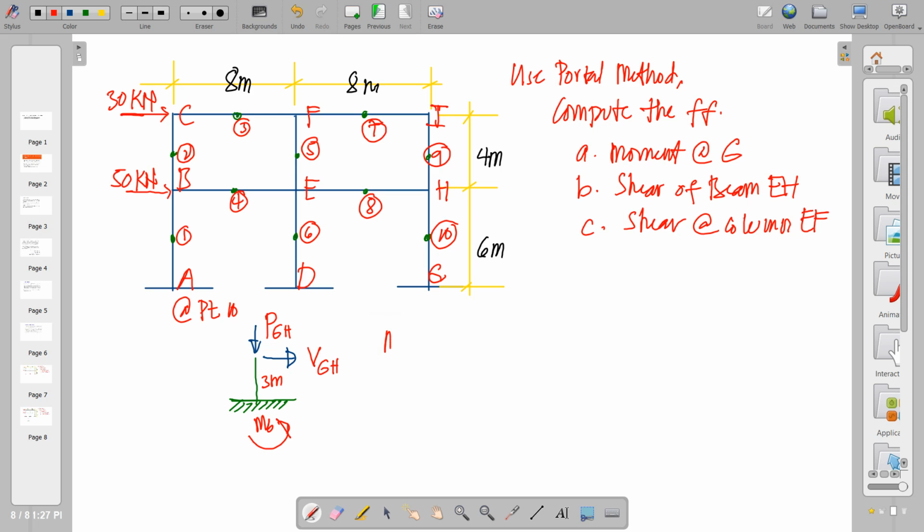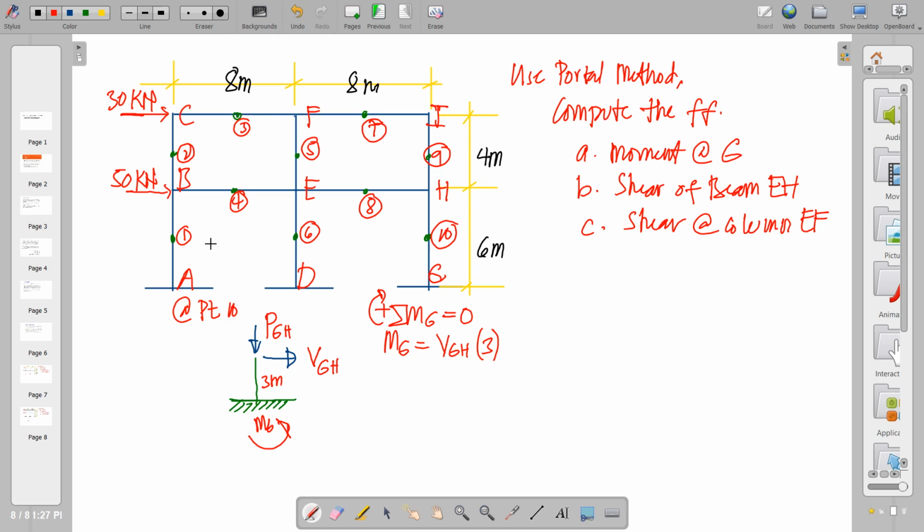So therefore, by summation of moments at G, we can say that moment at G is VGH times 3. Okay, so the key here is to determine VGH.